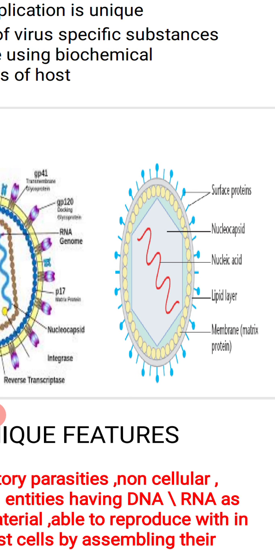This capsid also protects the viral genome against chemical and physical agents and other environmental fluctuations. Viruses composed solely of nucleocapsid are also referred to as non-enveloped or naked viruses.